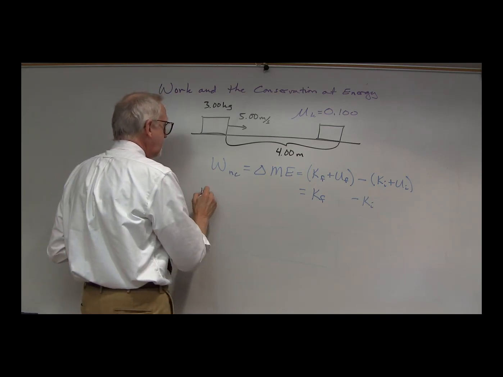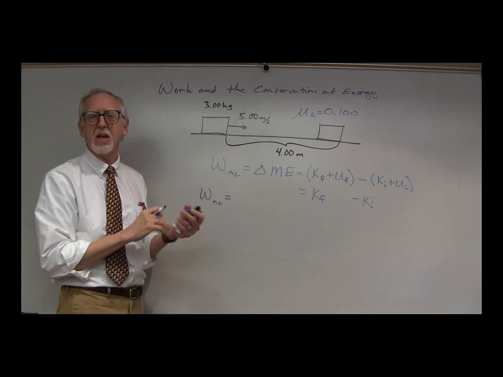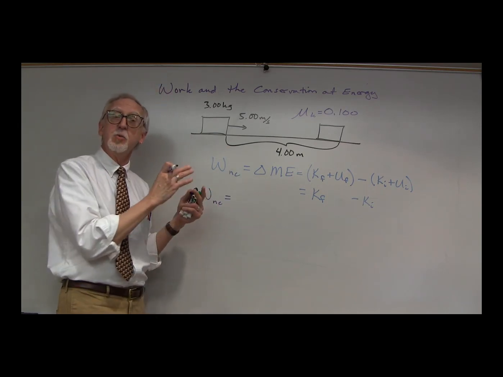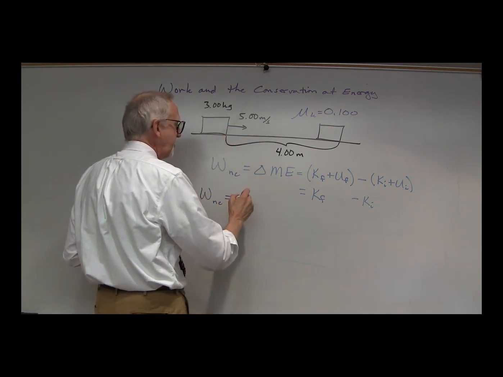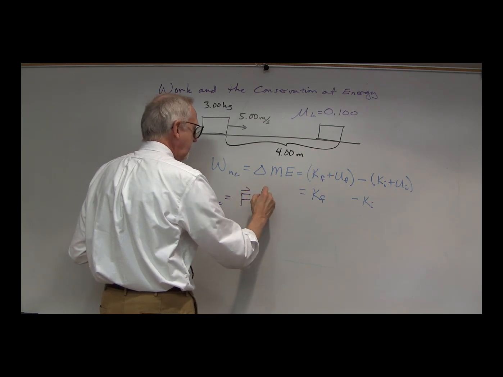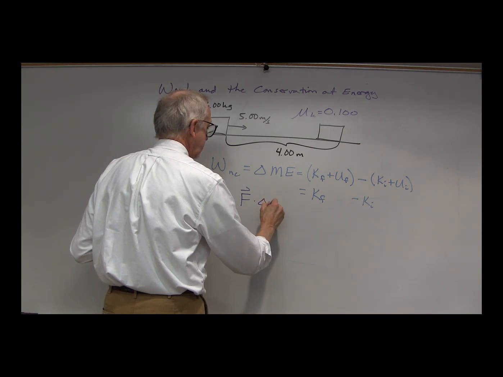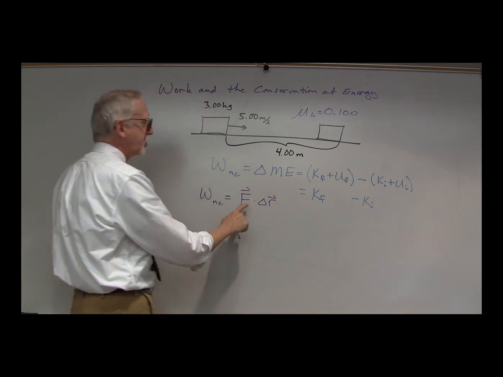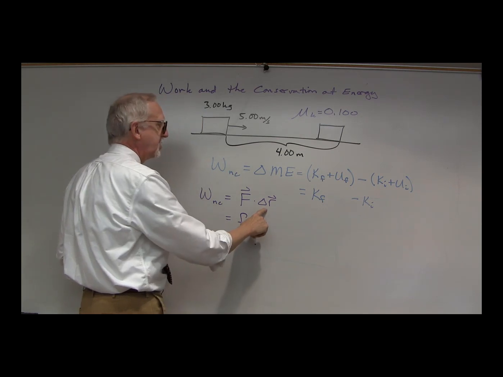So the work done by our non-conservative force, we can go back to our original definition of work. Since we have a constant force, and it's only a one-dimensional problem, we can say that this is going to be the F dot delta r. In other words, it's going to be the frictional force times the displacement.